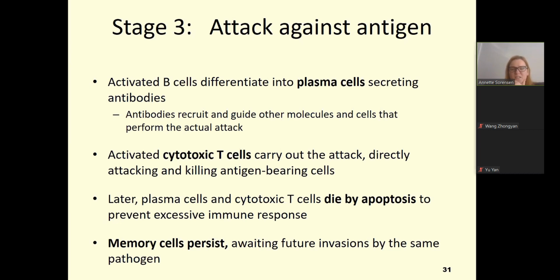Now, once the immune system has got rid of antigen, this is quite important actually, these plasma cells and cytotoxic T cells, except for the memory ones, of course, the memory ones will not die, but the cells which are actually performing the attack on the antigen will die by apoptosis. And that's obviously very important because it prevents an excessive immune response.